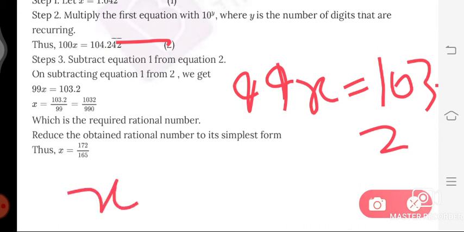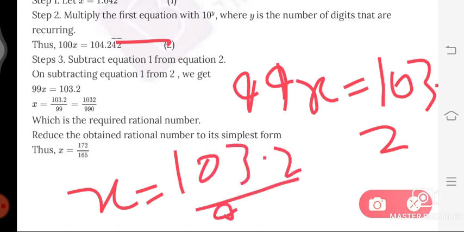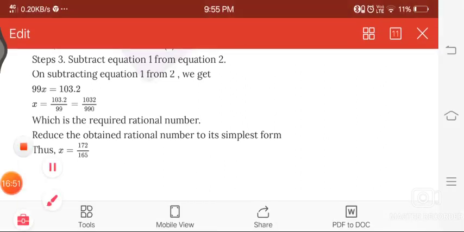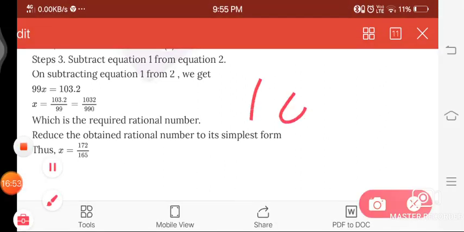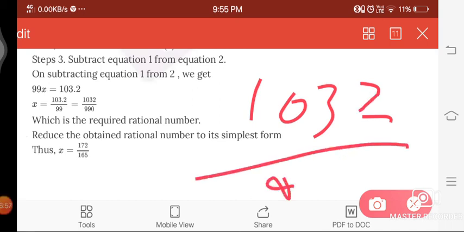Then x will be 103.2 by 99. We remove the decimal, then it will be 1032 by 990.